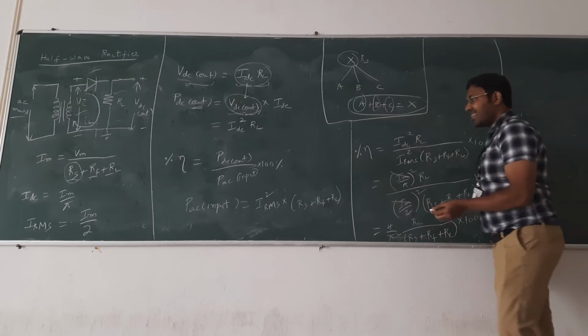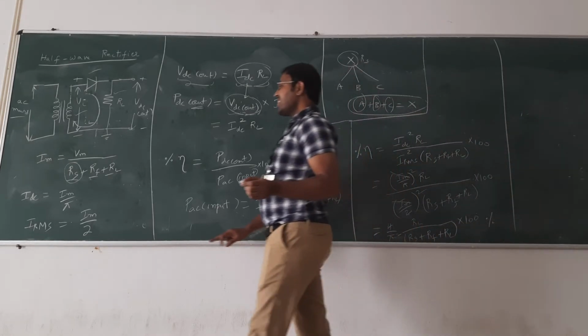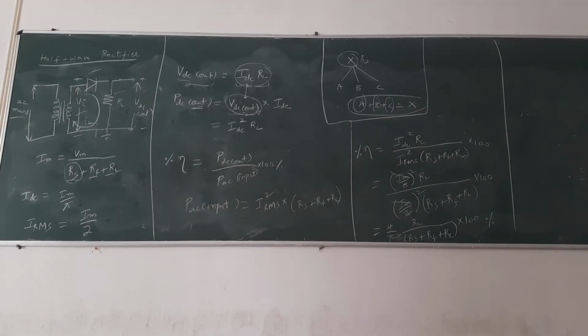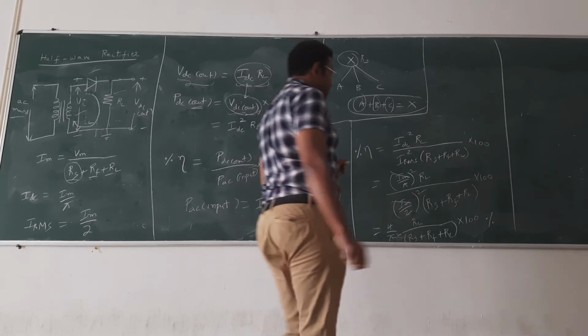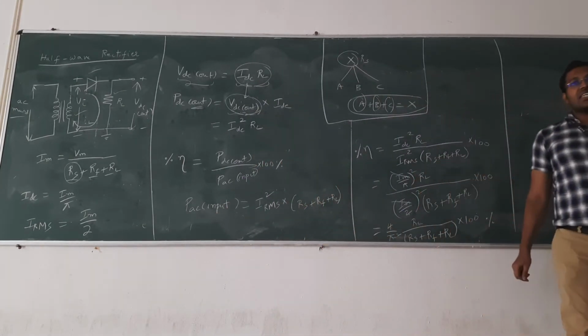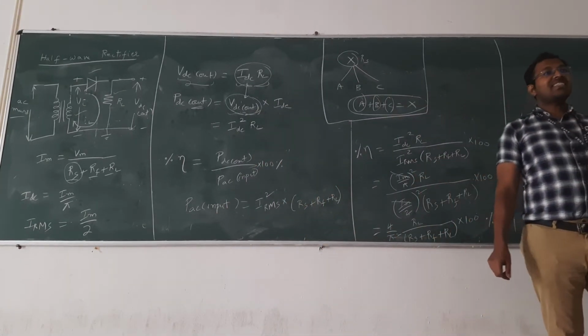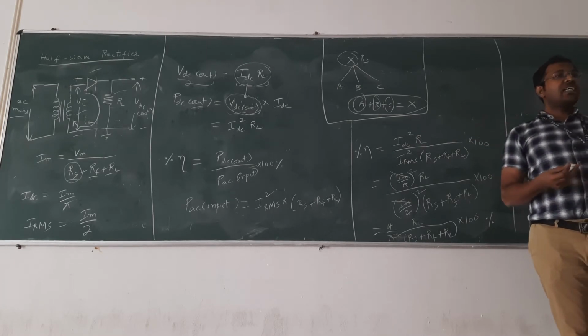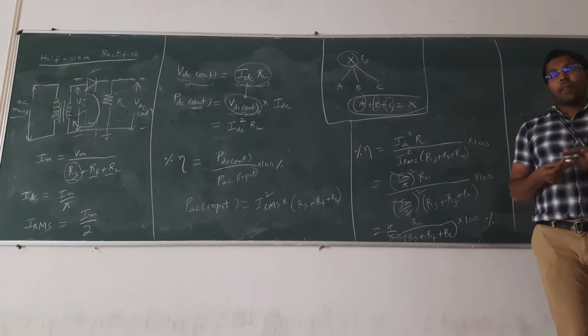among these three, RS, RF, RL, under certain cases we can neglect 2 of them. Anybody guess which two? RS and RF.